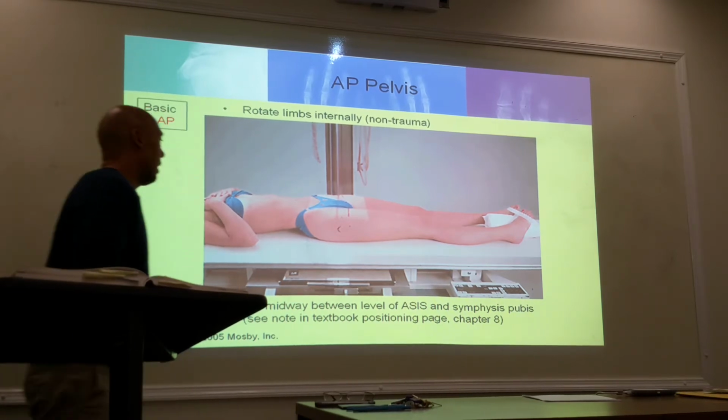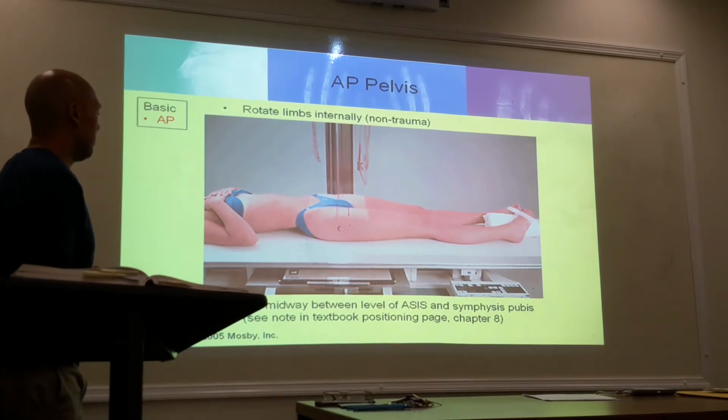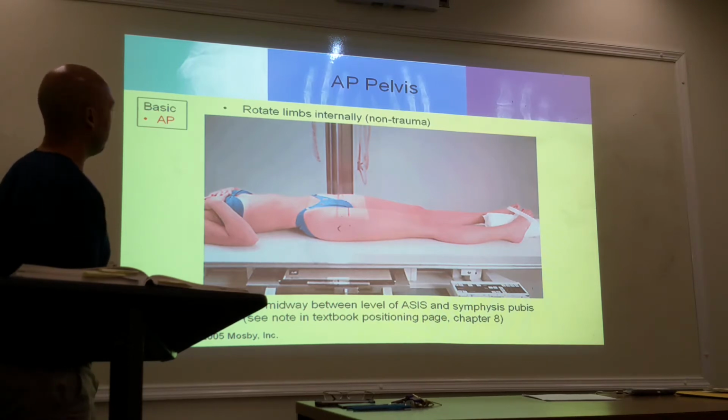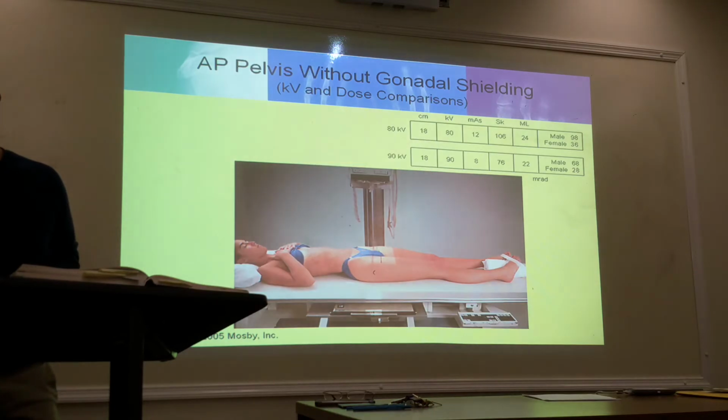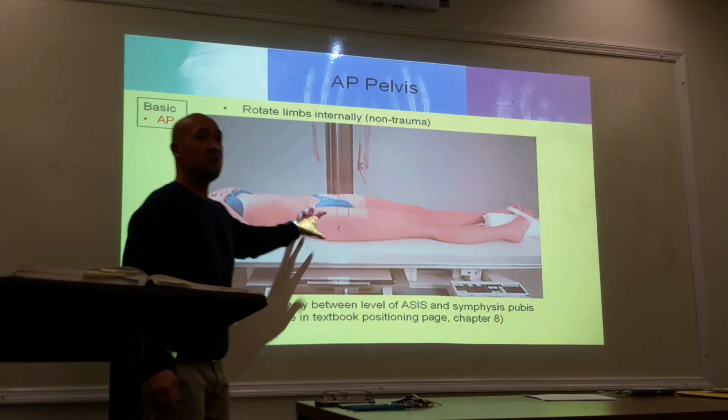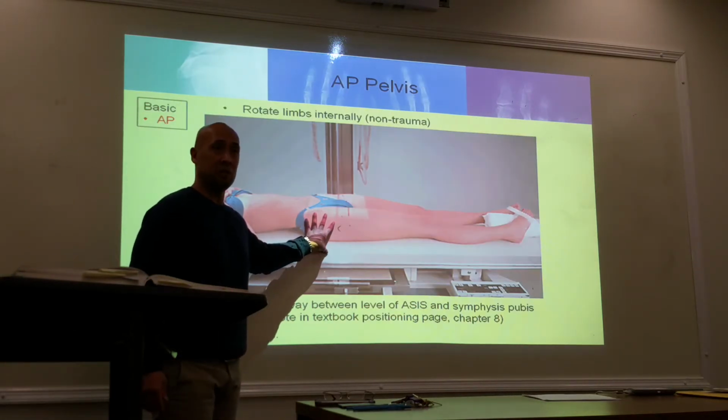Central midway between the level of the ASIS and symphysis pubis, textbook positioning page. I don't know what the heck that's saying here. All right, so open up your collimation 14 by 17 to the size of the image receptor.